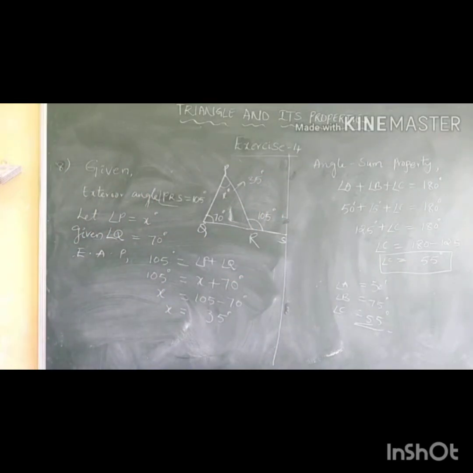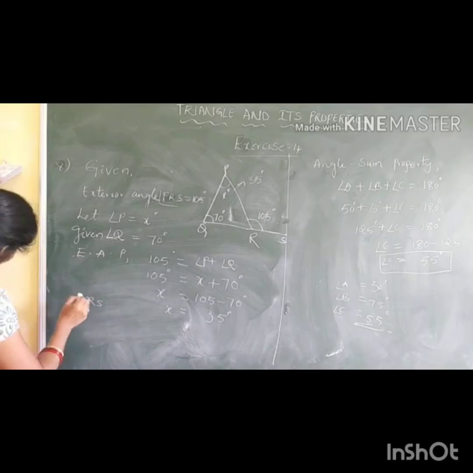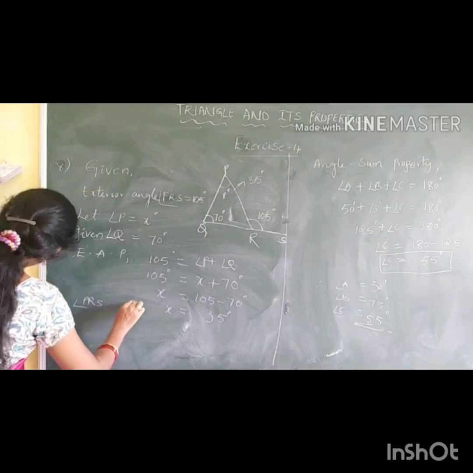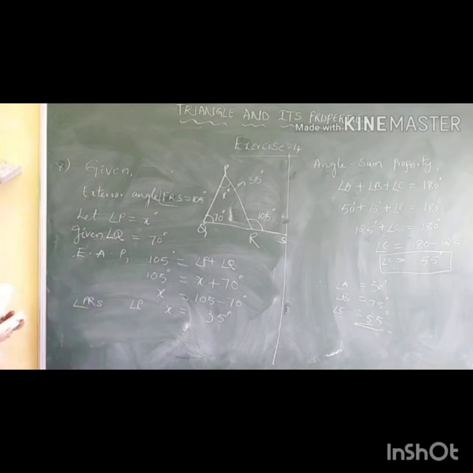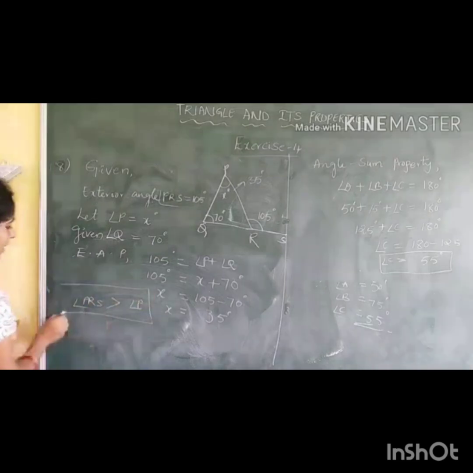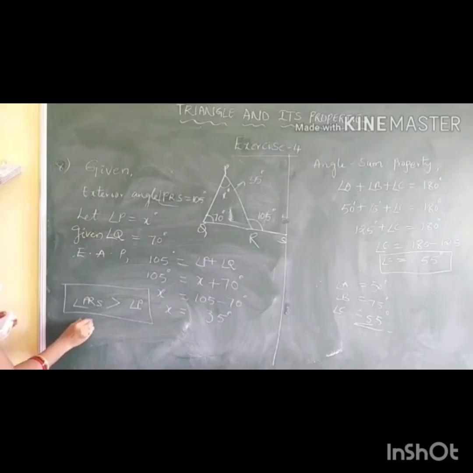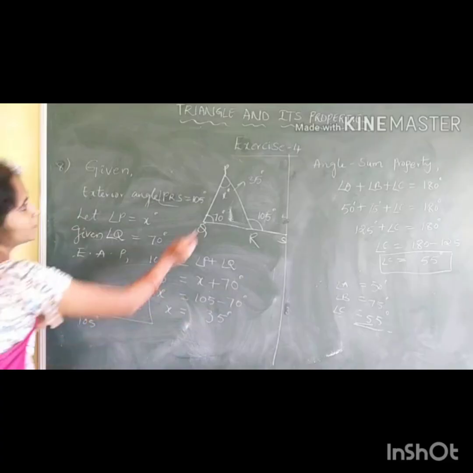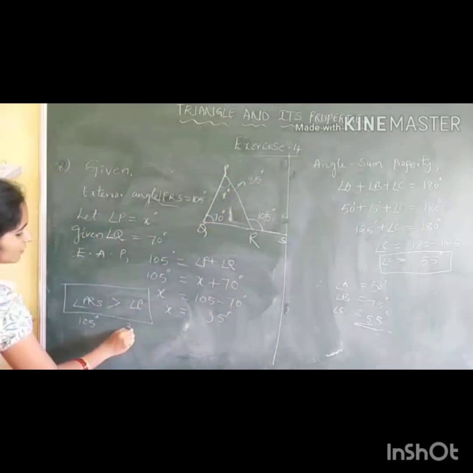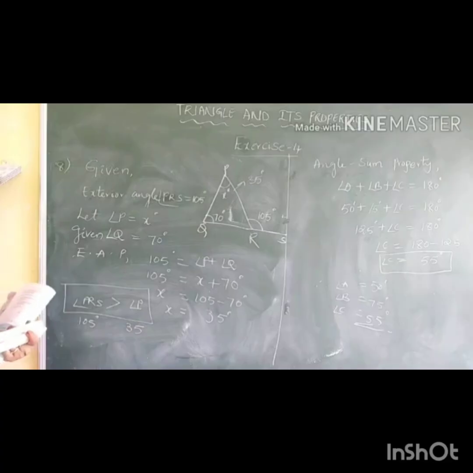Now they are also asking to compare angle PRS and angle P. Is PRS greater than angle P or not? So angle PRS is 105 and angle P, how much did we get? 35 degrees.